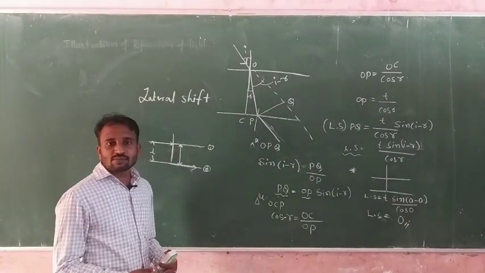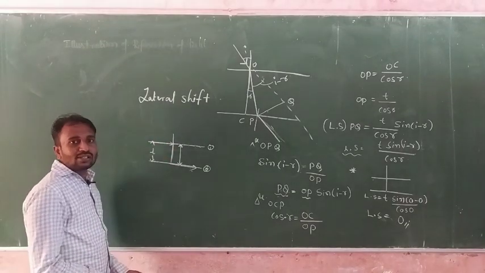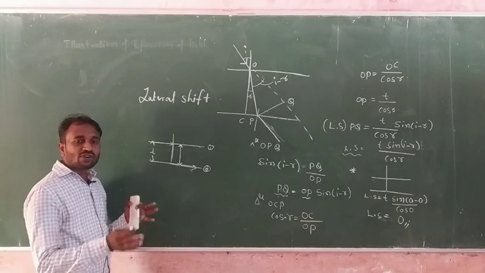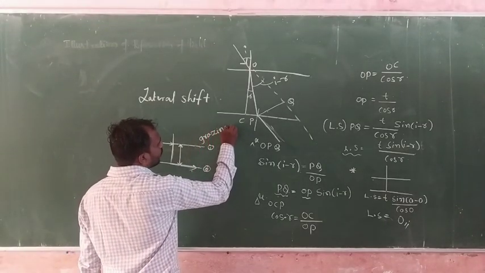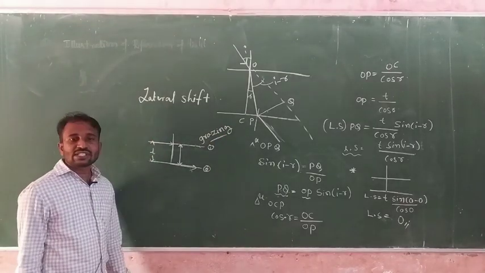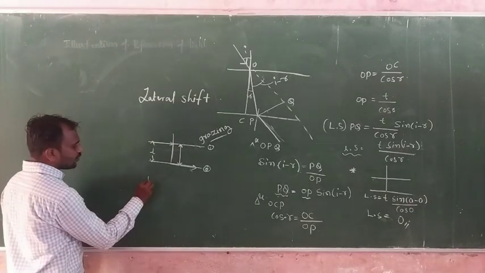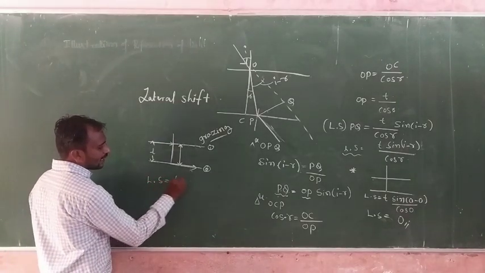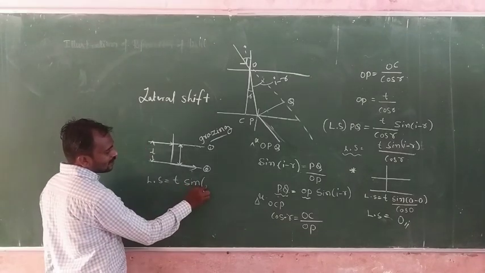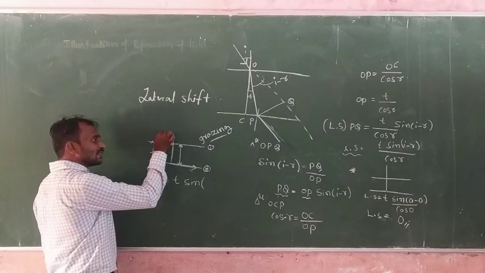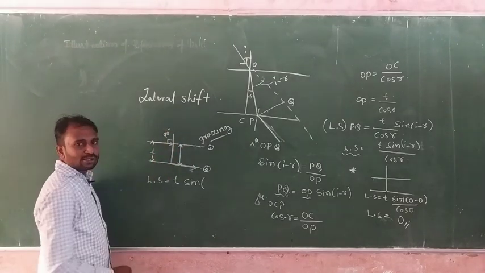We get the maximum lateral shift when a light ray is incident parallel to the glass slab, which means for a grazing angle of incidence. The lateral shift formula is thickness of the glass slab into sine I, divided by cos R. The value of sine I we consider as 90 degrees, because the incident ray is perpendicular to the normal.